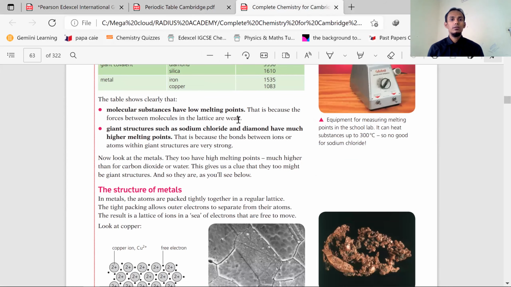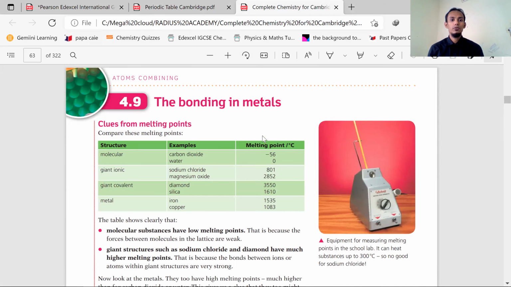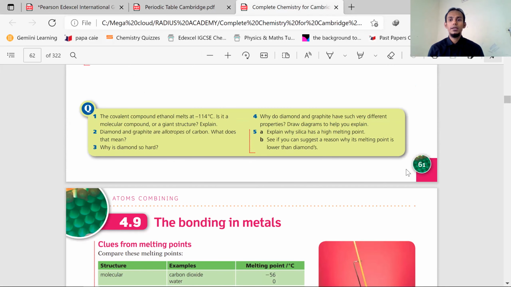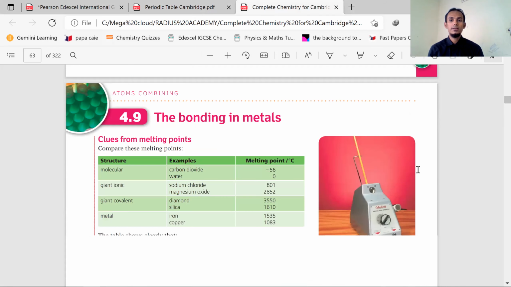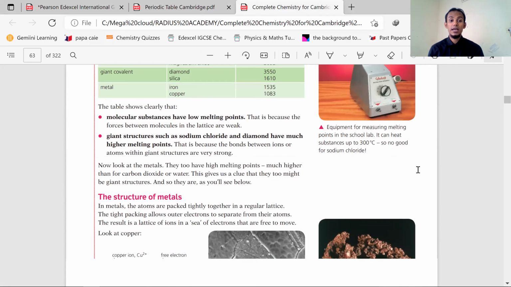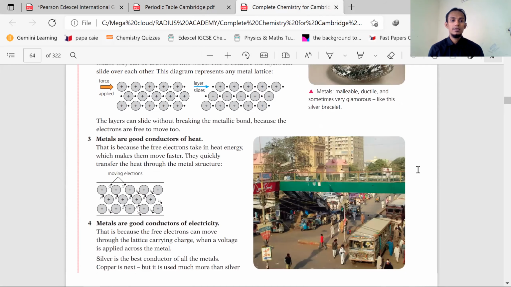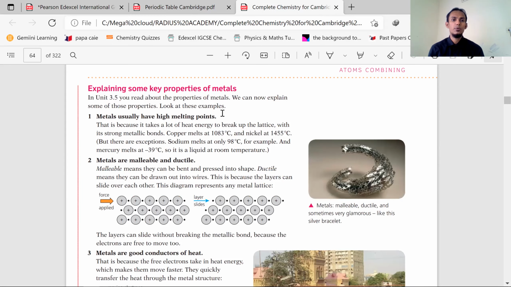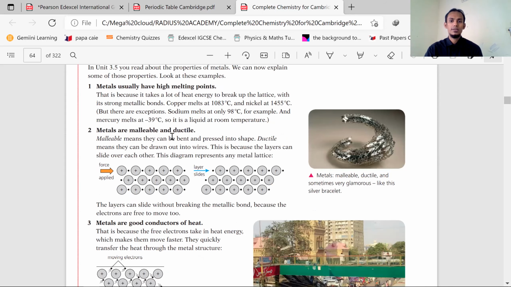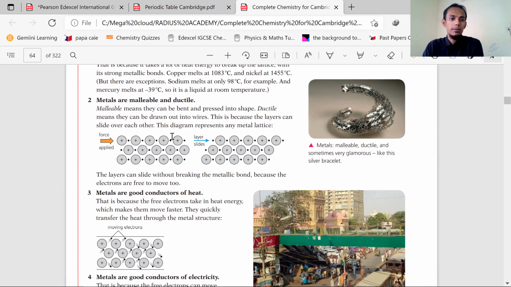The other book, if you look at the other book we have posted in the Google Classroom, it's basically chapter 4. Chapter 4 is done. See, the same thing is written, explaining some key properties of metals. Metals usually have high melting point. Metals are malleable and ductile.